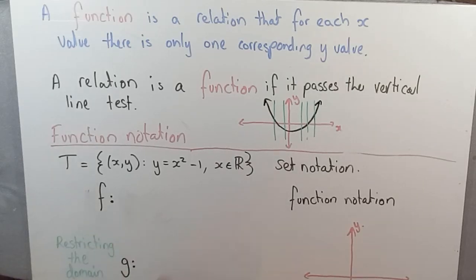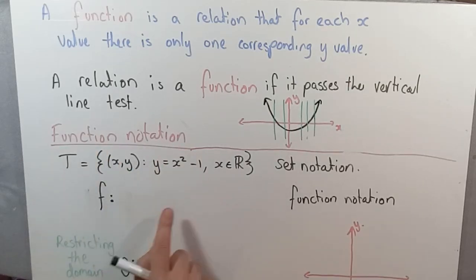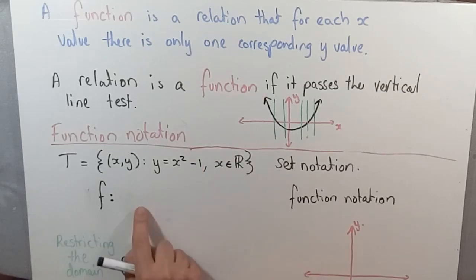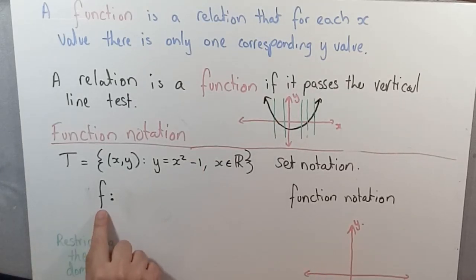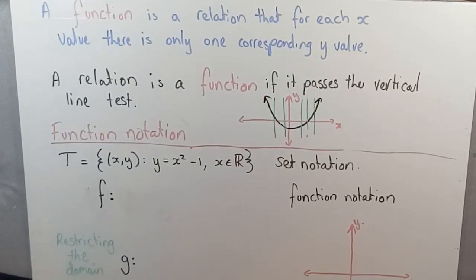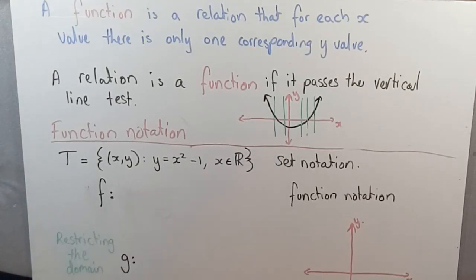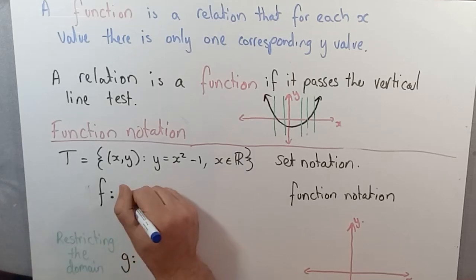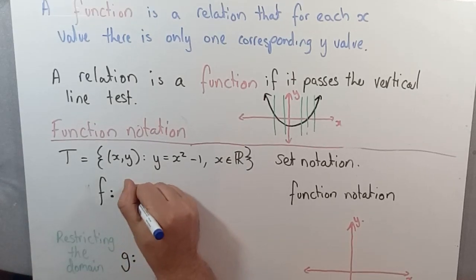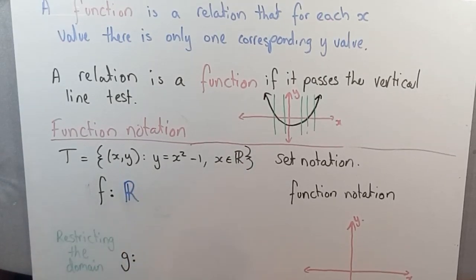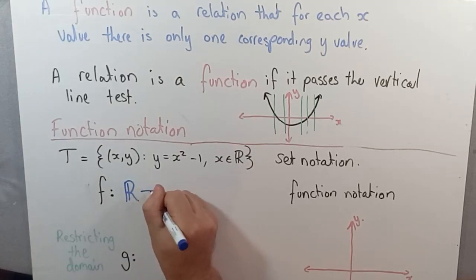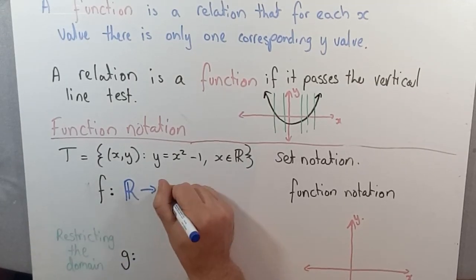So if I was to write this in what's called function notation, the way I write that is I write function f such that, okay, I'll write in blue. Such that, now we write the domain first. So the domain is R, which maps to what we call the codomain.